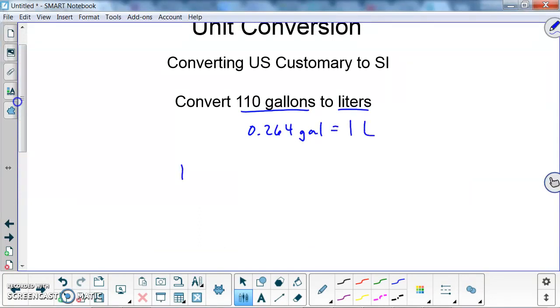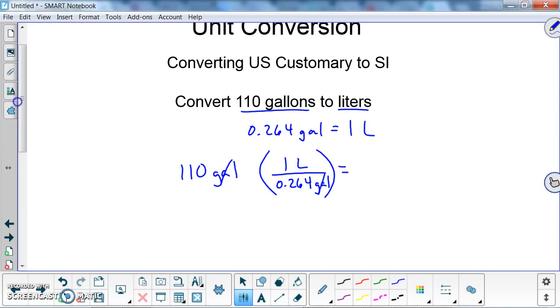And I will write what I'm given, 110 gallons. I'll write my conversion factor, which I want gallons in the denominator now, because that will help me to cancel out the gallons. So that will cancel, and I have 1 liter in the numerator.